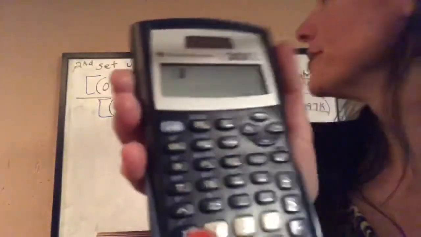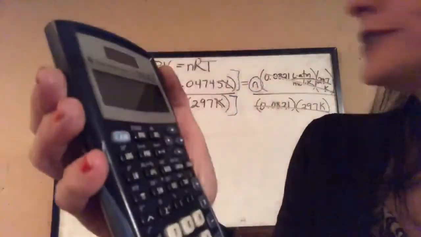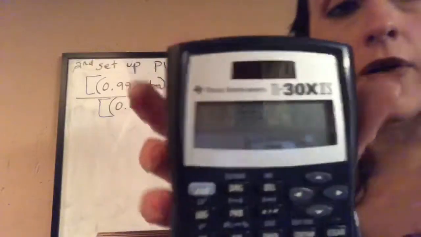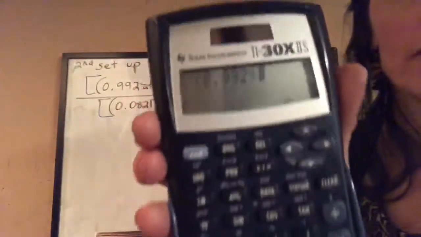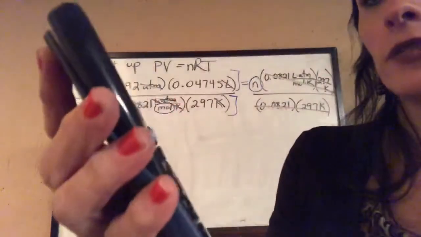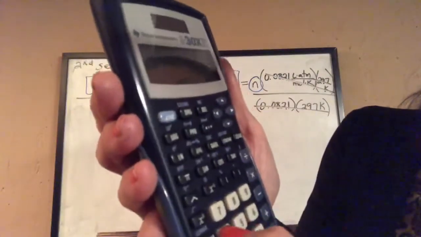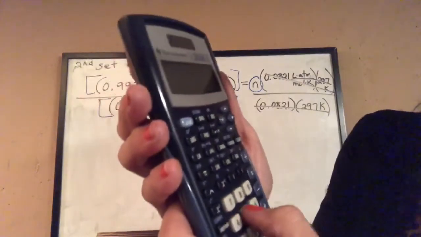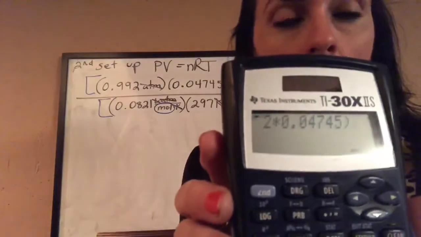Open parenthesis, 0.992 times 0.04745, close parenthesis.